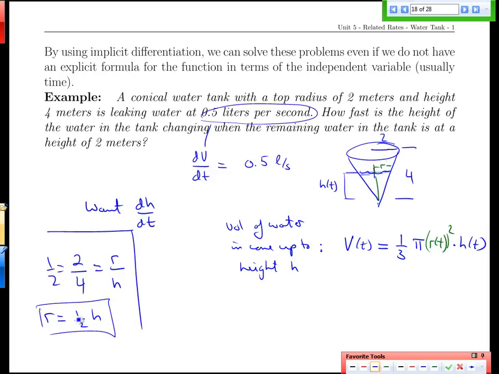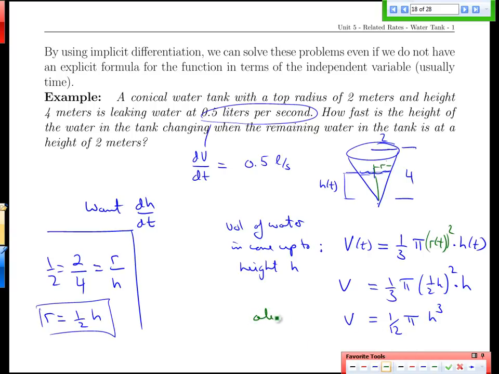So we can replace our r, or r of t, because it's changing with time, with 1/2 h. We'll simply write it as V, r, and h now, though we know they change with time. r is 1/2 h, all squared, times h. And so we get volume is 1/4 times 3, which is 1/12, pi h cubed.